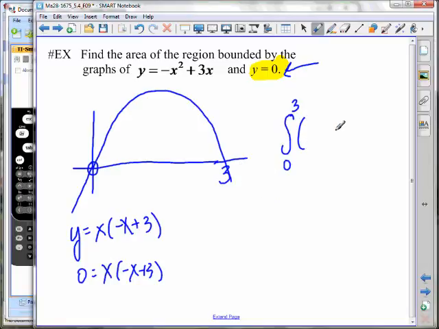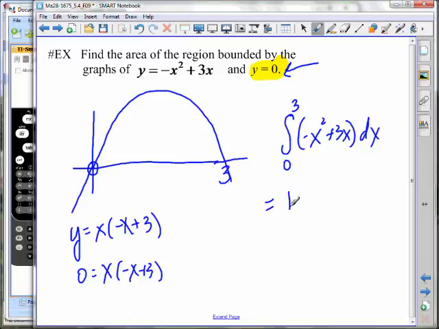Okay, now what goes in here? Yeah, the function we're trying to find. I mean, the area under the curve, so it would have to be negative x squared plus 3x, and what's missing? dx. Now, this is the definite integral.